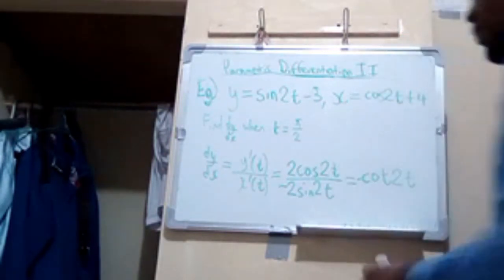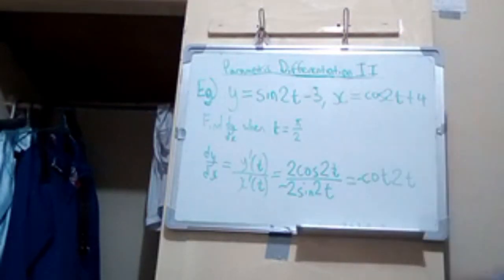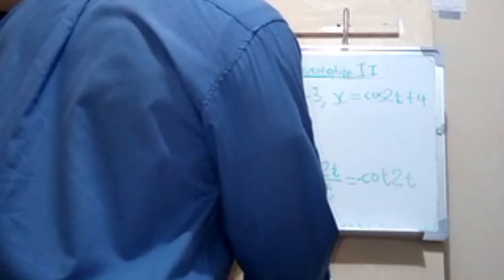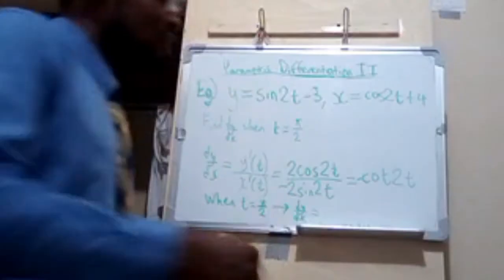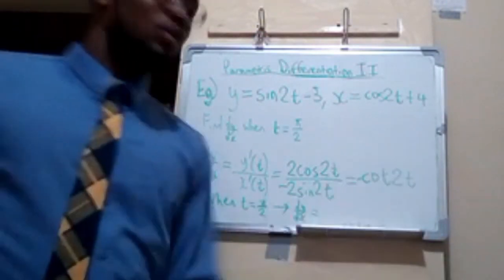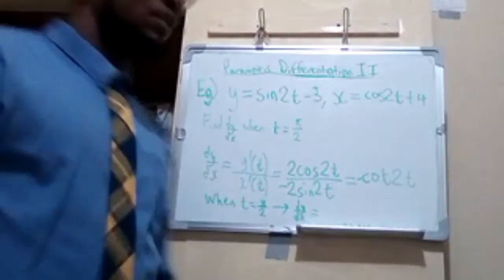Now when t equals pi by 2, dy by dx is equal to minus cot of 2 times pi by 2, which is pi.